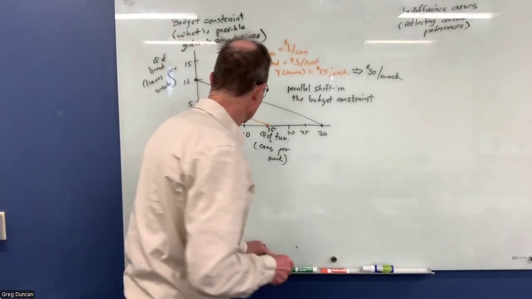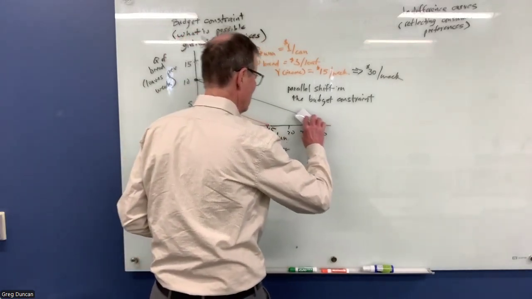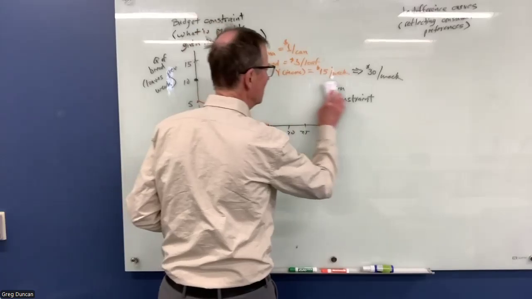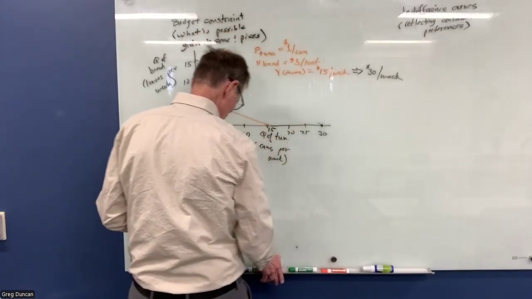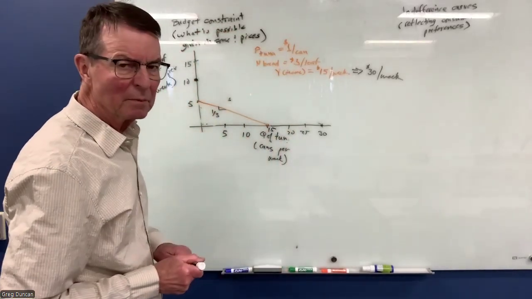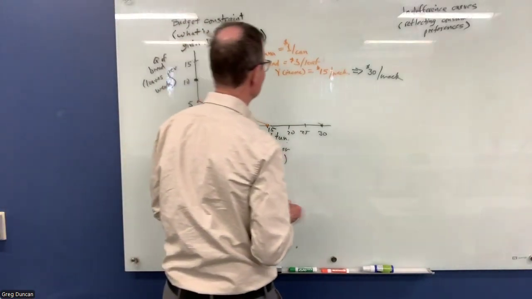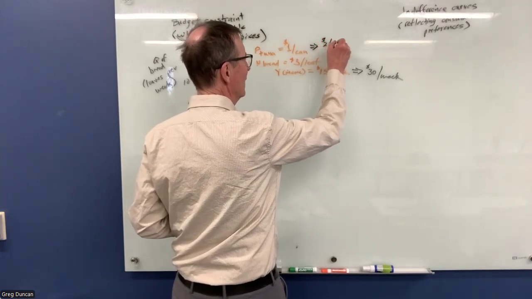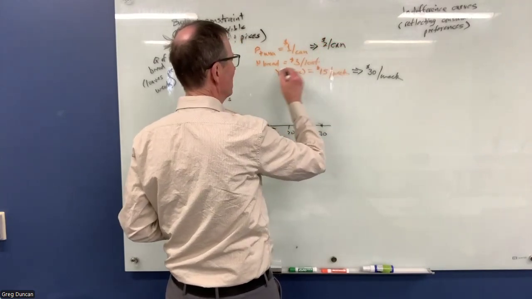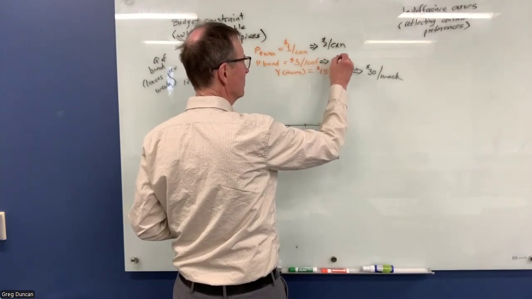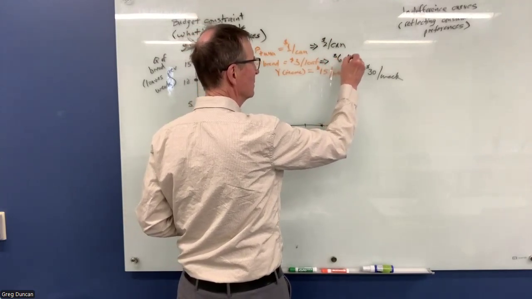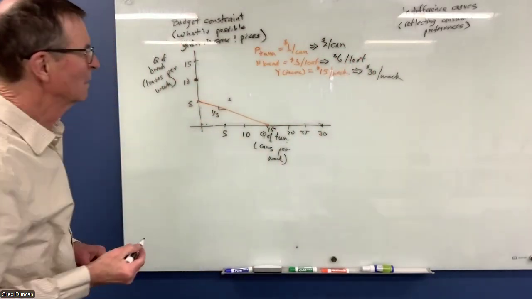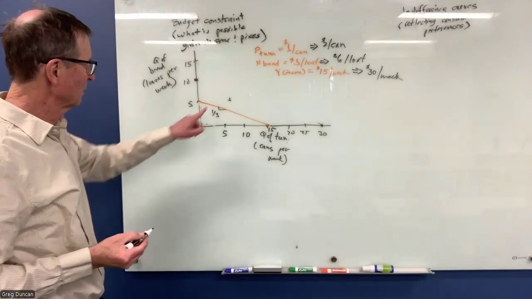Let's put some erase in here. Let's double everything, right? Suppose tuna goes up to $2 per can. Bread prices double to $6 a loaf. And income doubles as well.